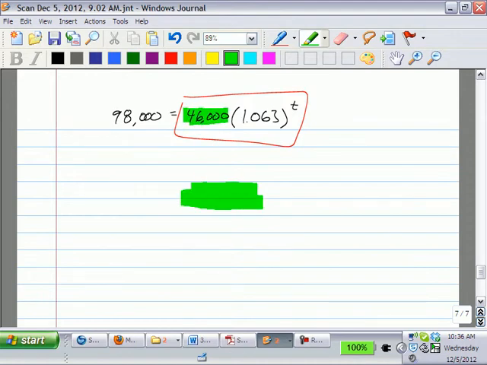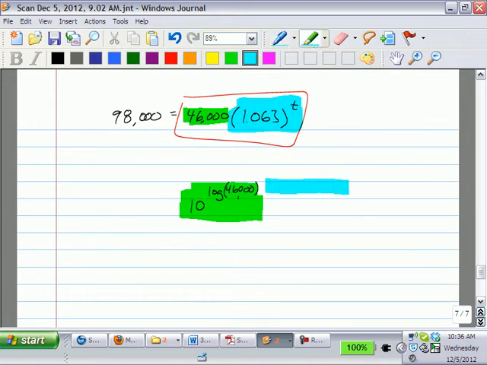46,000 is 10 to the what? We have talked about how this gets rewritten.